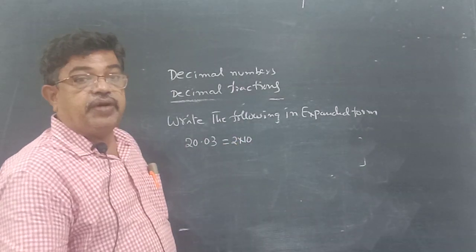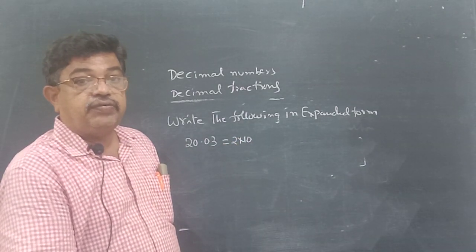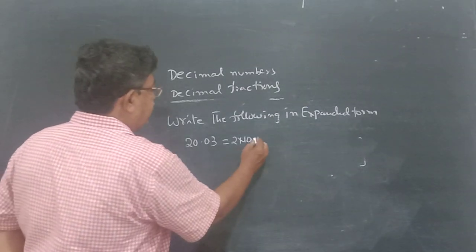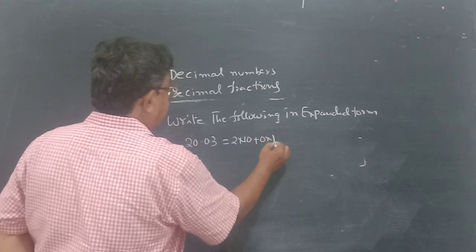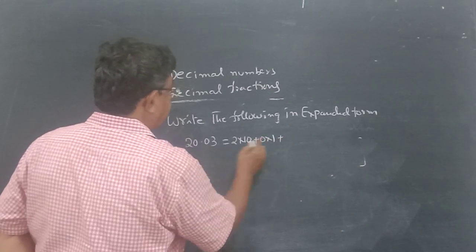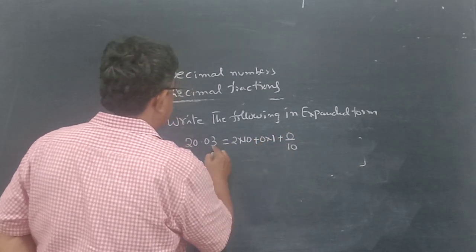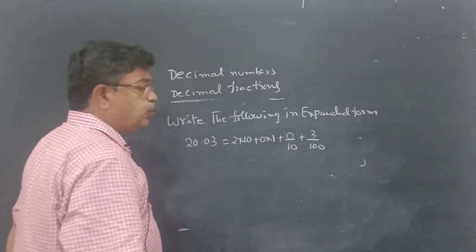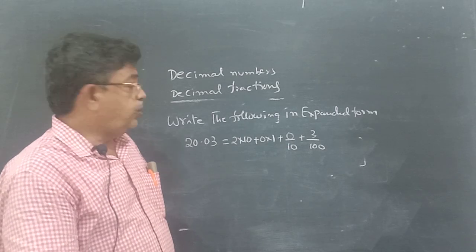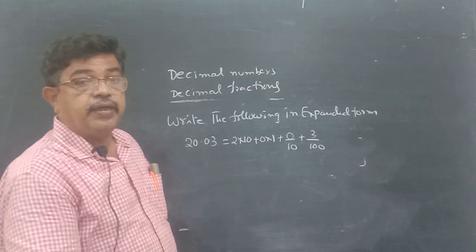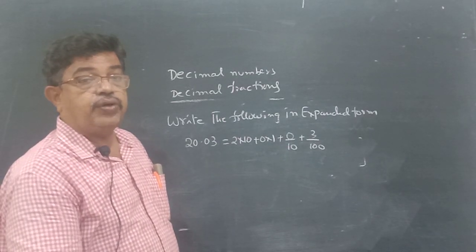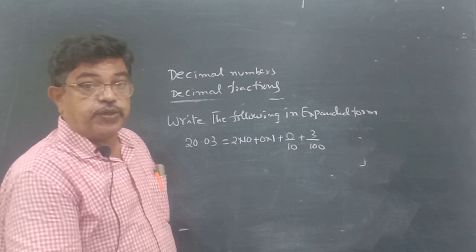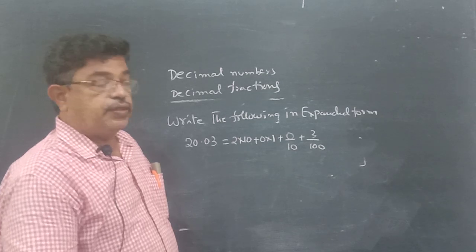Expanded form is nothing but writing the digits with respect to their place values. 2 into 10 plus 0 is in ones place, plus this 0 is in tens place, and this 3 is in hundredths place. So 2 into 10 plus 0 into 1 plus 0 by 10 plus 3 by 100. We wrote the value given in the expanded form with respect to their place values.